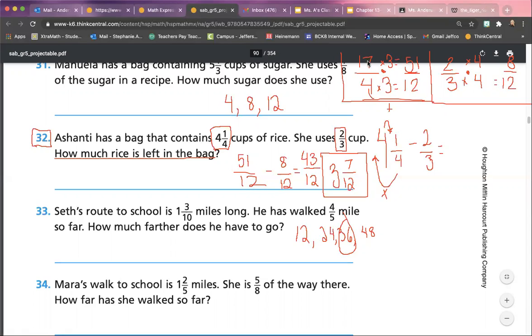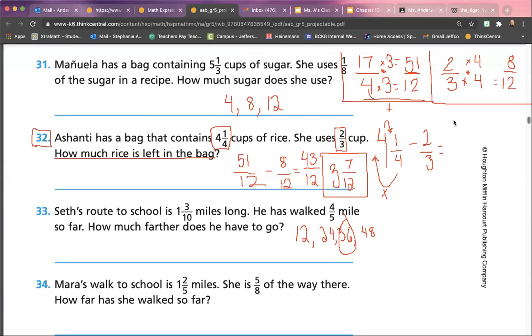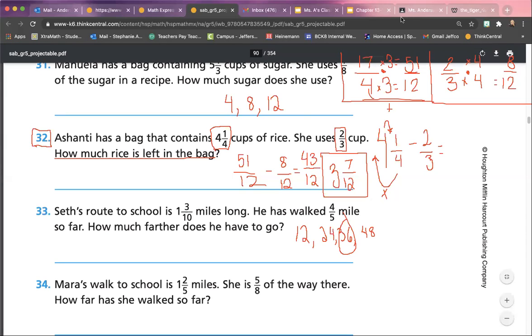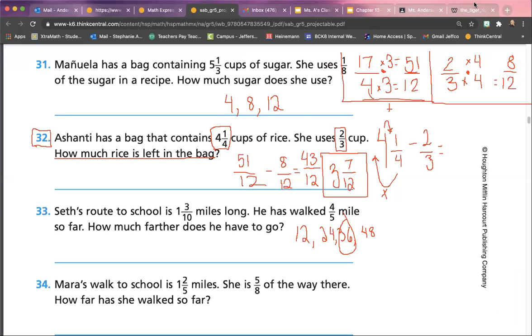From there, we had to multiply both fractions to find common denominators. Then, once we had a common denominator, we had to subtract. And then we had to turn that answer back into a mixed number. Holy smokes, that was just one problem. Bella, thank you so much for being such a rock star. I hope you guys have all of this written in your notebook because it takes you through every single step of this problem solving.